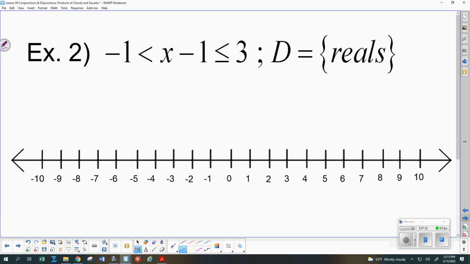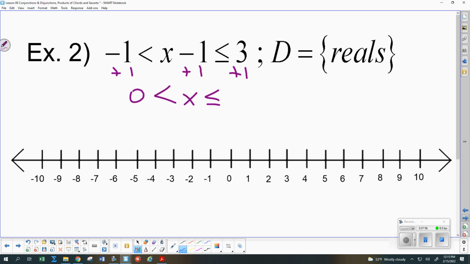Emily, if I have x minus 1 and I want just x, what do I have to do? And normally we're used to working on things where we have both sides, so we add 1 to both sides. This one doesn't have both sides, it has 3 parts. So we have to, at the same time, add 1 to all 3 parts. Then we do have x in the middle.